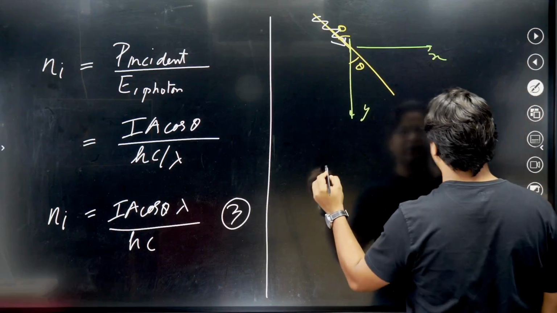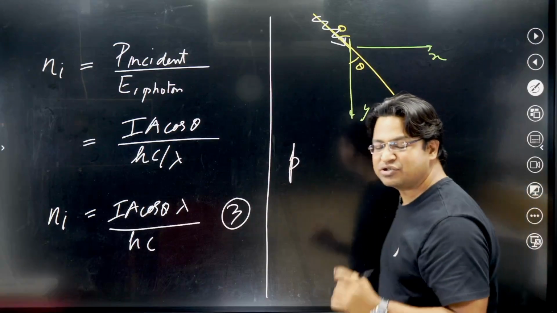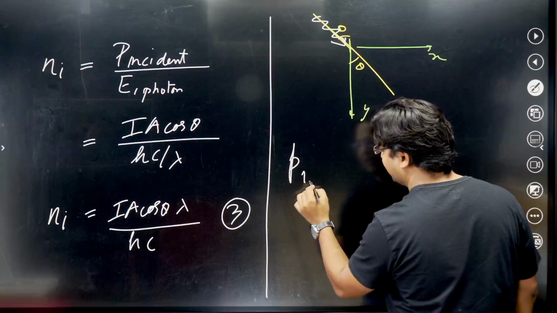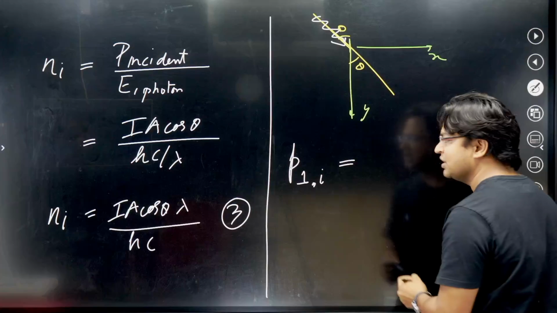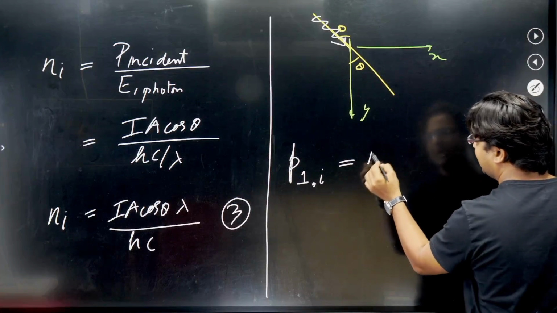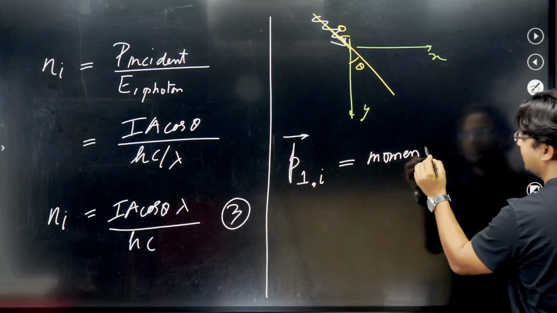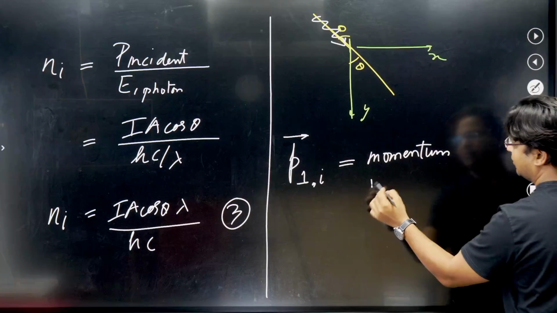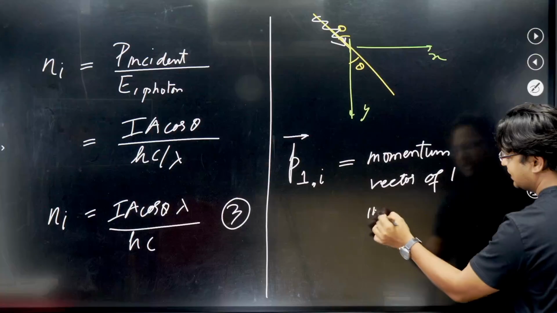So I'm going to write small p. Small p indicates the momentum of one photon, p_1i. So what do I intend by this? I intend to write the momentum vector of one incident photon.